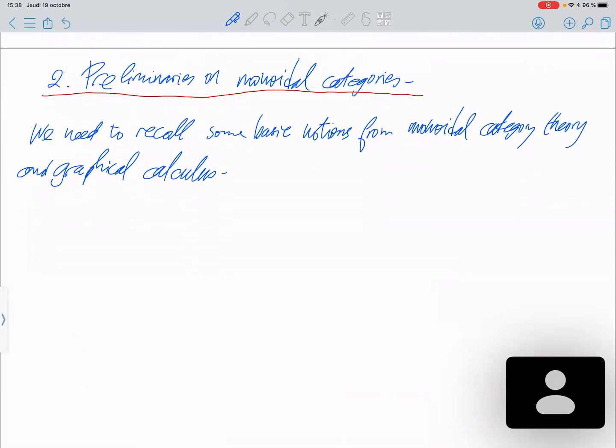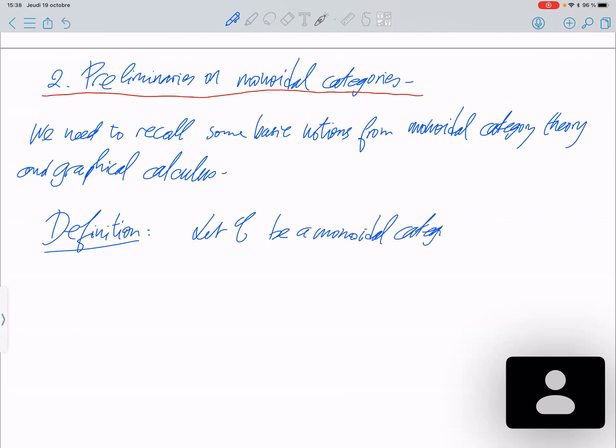Okay, the definition. We will recall the definition of a left dual by picture. Let C be a monoidal category with unit object 1.